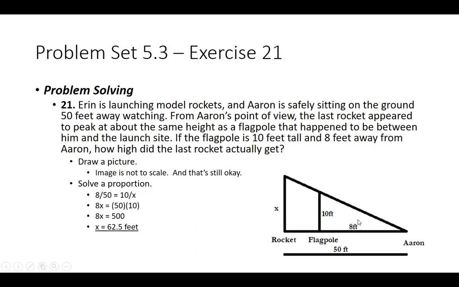Let's solve a proportion. This side of the little triangle is 8 feet. This side of the big triangle is 50 feet. This image is not to scale, and that is okay, as long as everything's in the right spot.